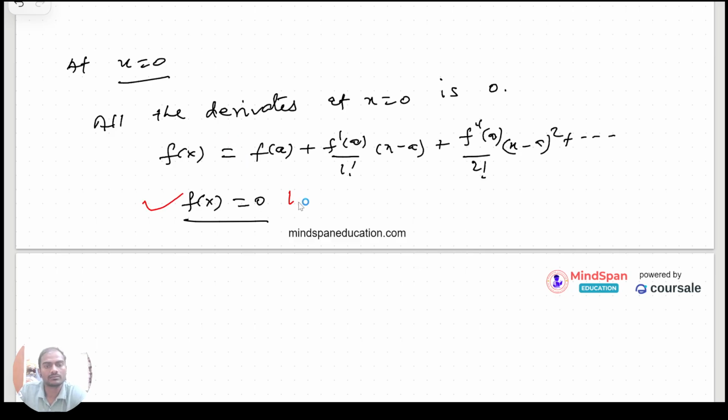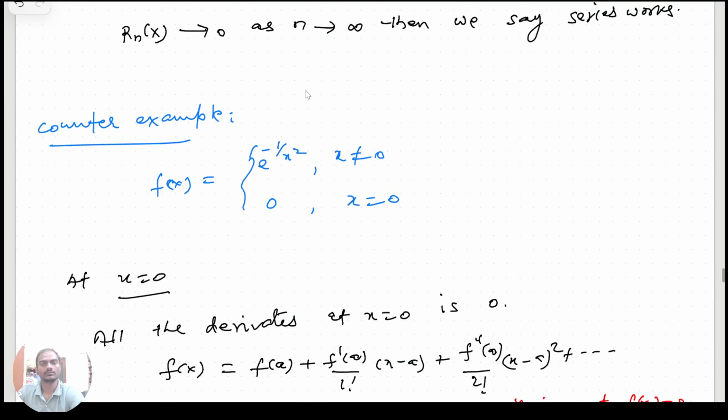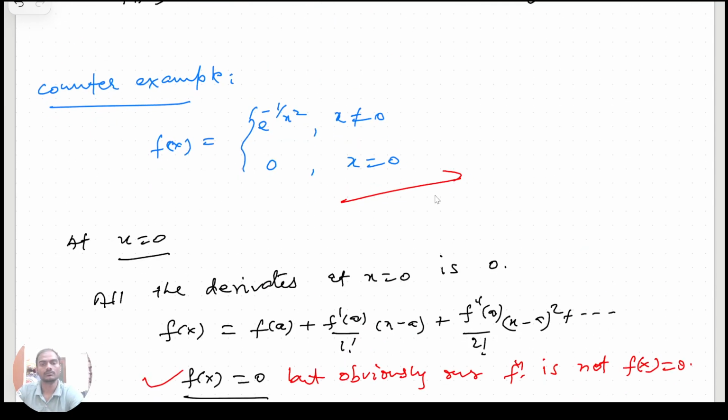Right, but obviously our function is not f(x) equal to 0. तो आप देख रहे हो फंक्शन कुछ हो रही है हमारा. आप देखो ये है हमारा फंक्शन, ये है, ये है हमारा फंक्शन.